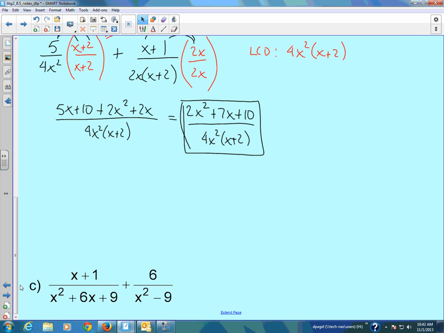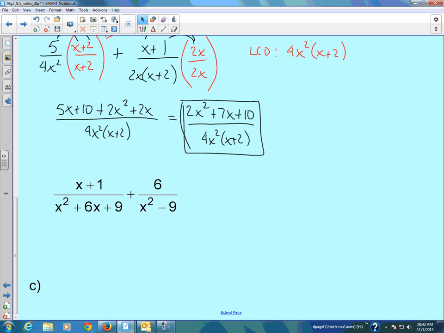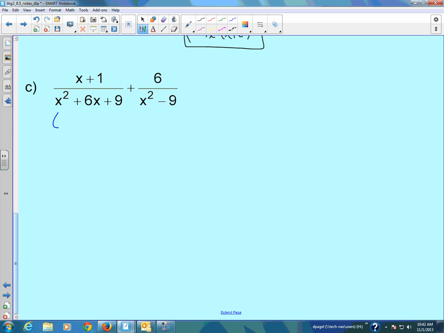All right, last problem here. Looks a little interesting. Again, we want to factor everything first, so it's easier for us to find our multiples. So this is an x plus 3 squared, or I'll write it as x plus 3, x plus 3. And then this is the difference of squares, so I can write it like so.